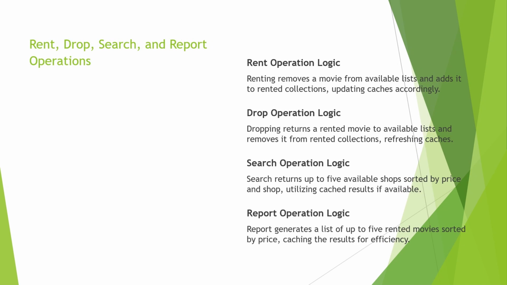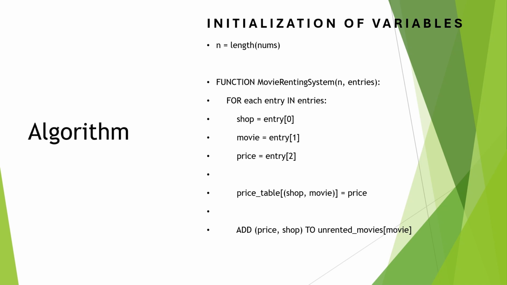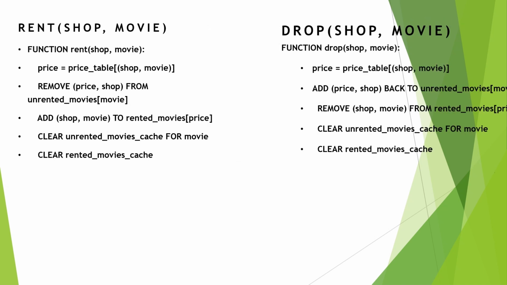So let's now go ahead and see how each operation would be implemented. Rent: rent a movie from a shop. When we rent a movie from a shop, the first thing is we will remove that from the unrented movie set. We will add that into the rented movie set.